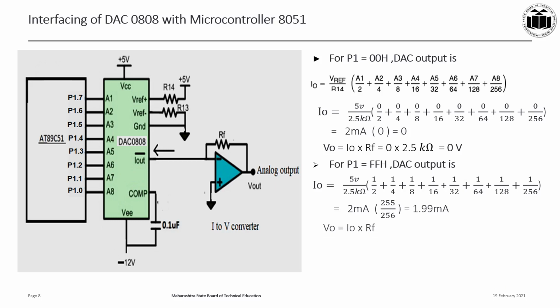The output voltage, which equals I0 into RF, which is 1.99 milliamperes into 2.5 kilo ohms, comes to around 4.97 volts, which is approximately equal to V reference of the DAC. Thus, DAC generates analog output voltage from 0 volts to 5 volts.